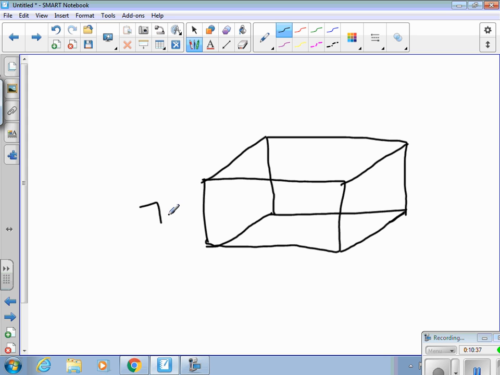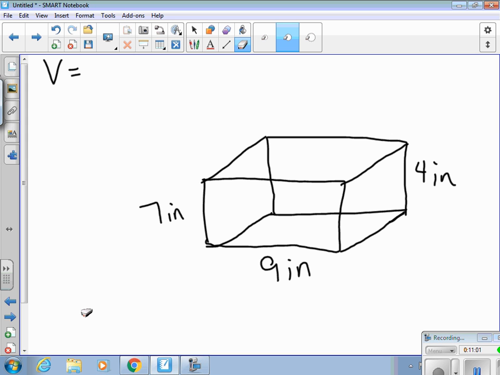Let's say this was 7 inches. This was 9 inches. And this is 4 inches. I want you to find the volume of this rectangular prism. Actually, I'll write up top so y'all can see.